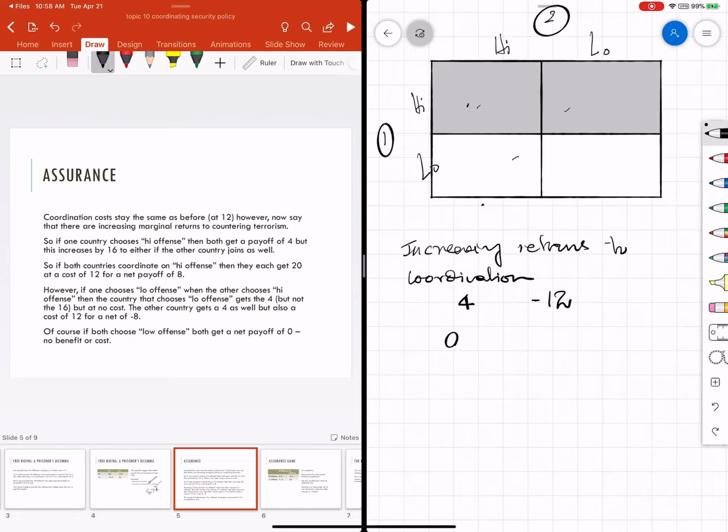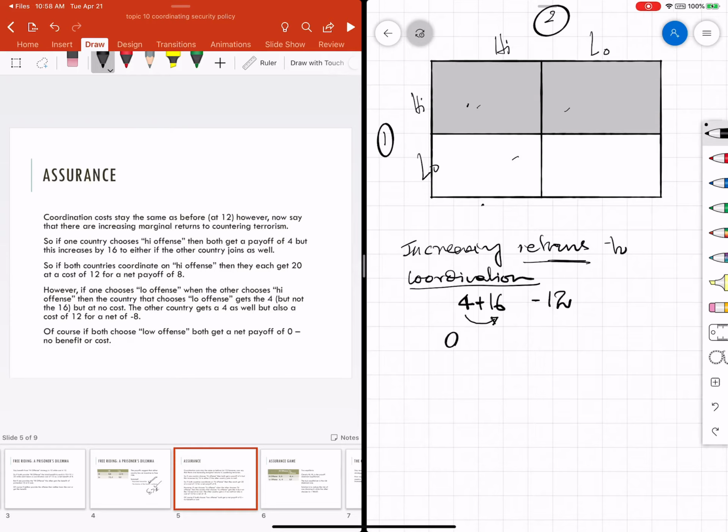But if country 2 joined, then that would go up by 16. See that? So that's increasing returns to coordination. It jumps from 4 to 16. If you do it by yourself, it's 4. If you coordinate with somebody else, you get an additional 16, which is greater than 4. So it's increasing returns. In the previous case, it was 10 and 10, right?